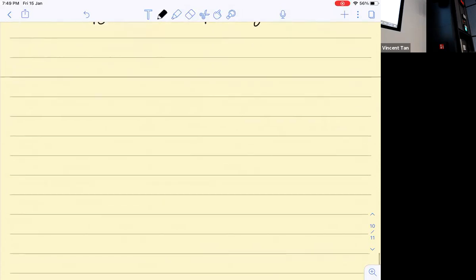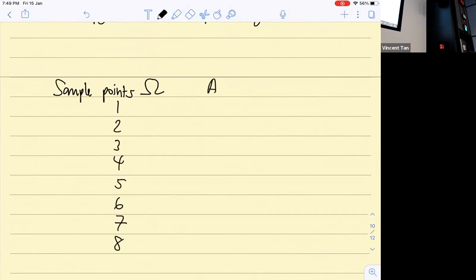Our sample space has sample points omega, 1, 2, 3, 4, 5, 6, 7, 8, with columns A1, A2, A3. I'll tell you what this means later on. This is properly designed so as to make this example work.